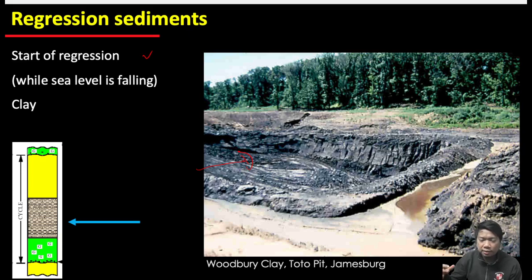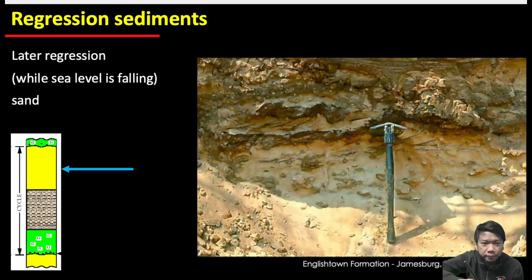Okay, so you get the deepening of the basin, and then right after that you get the regression, meaning that the sea level now, I'm sorry, the sea level now starts to fall again. Okay. So the later regression is represented by the presence of these coarse sediments on top of that cycle right there.